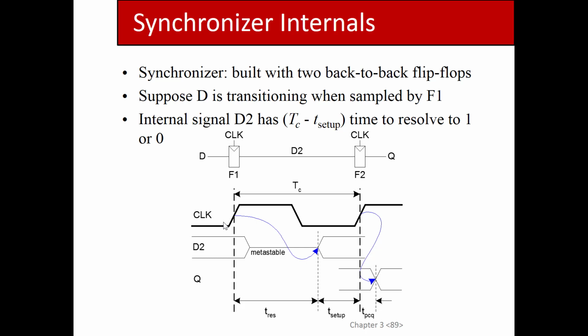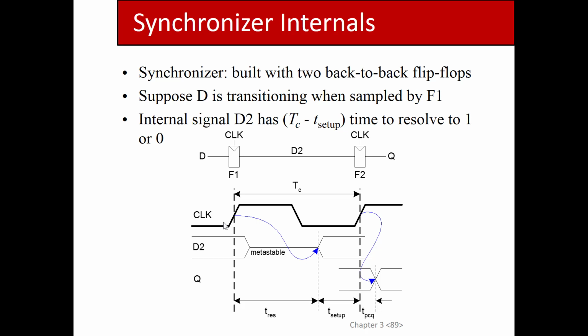Now, what's the point of this? The point is that by creating a synchronizer this way, we get an idea, based on the propagation delay, of how likely it is, or how often, that this Q will be metastable. Does that make sense? If you just have one flip-flop, it's entirely uncertain, but we can characterize this circuit.